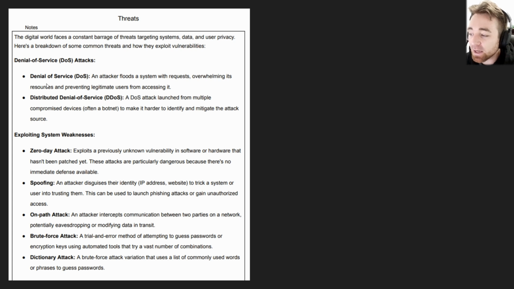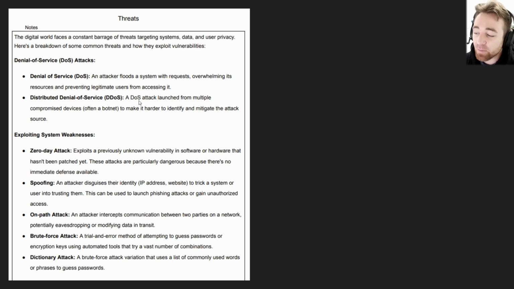Now, the key between that one and the next one, a distributed denial of service, is that it's launched from multiple compromised devices to make it harder to identify and mitigate the attack source. So you're going to have a lot more traffic.